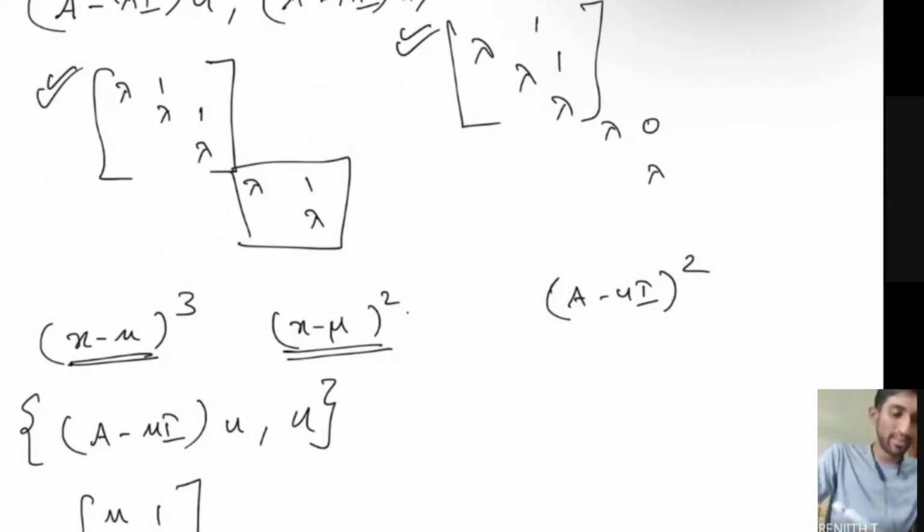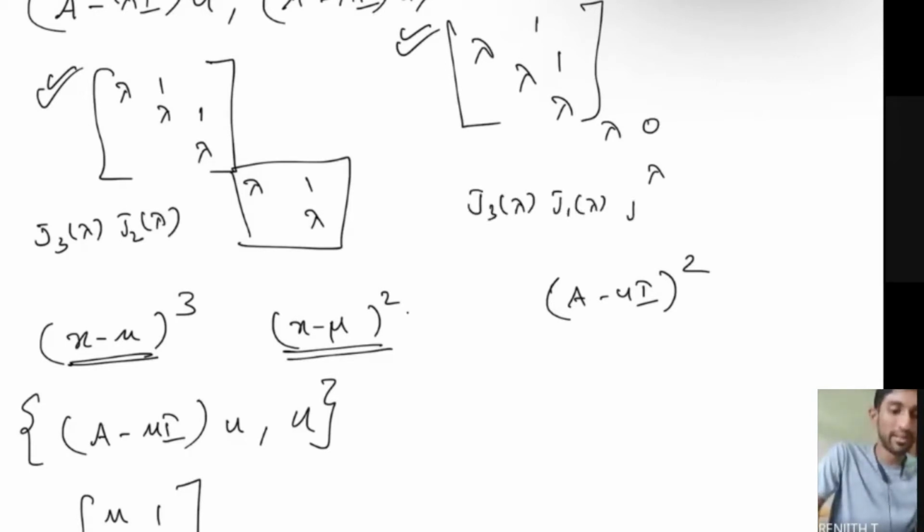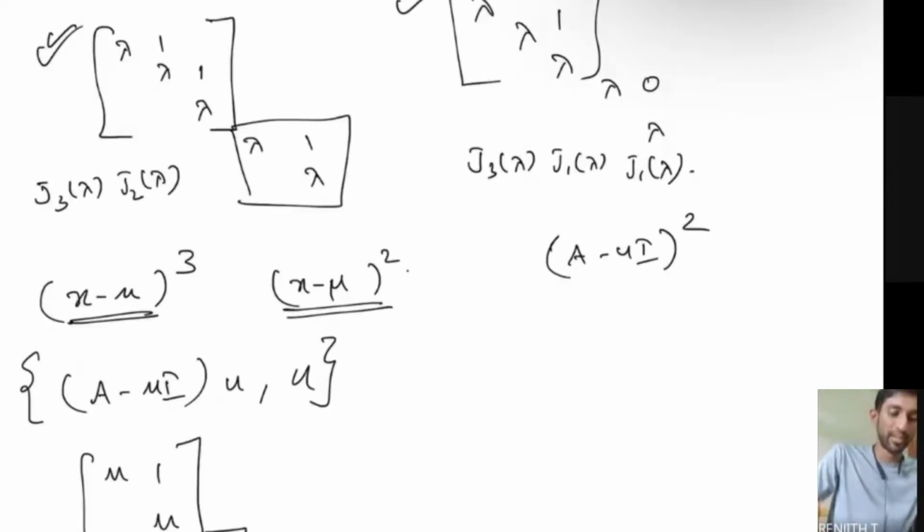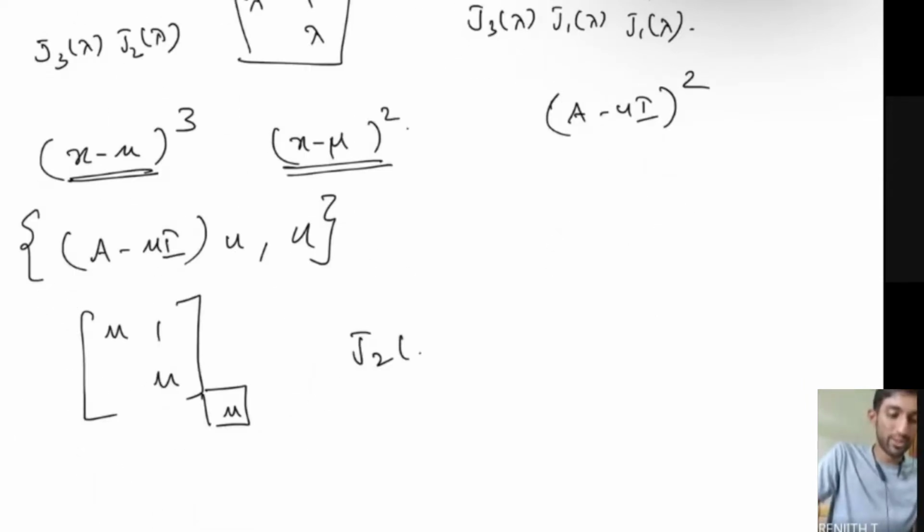How can I denote these things? This will be J3 of lambda, J2 of lambda. This will be J3 of lambda, J1 of lambda, J1 of lambda. And this is J2 of mu, J1 of mu.